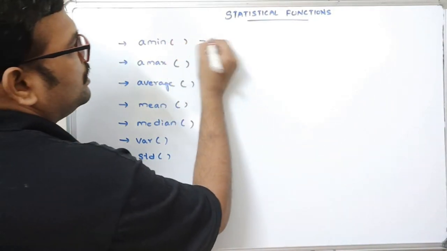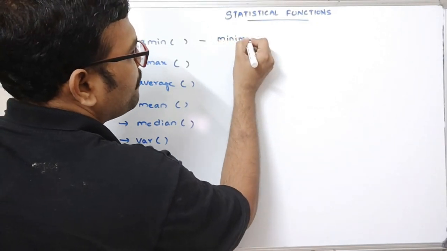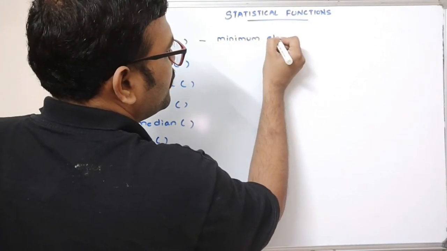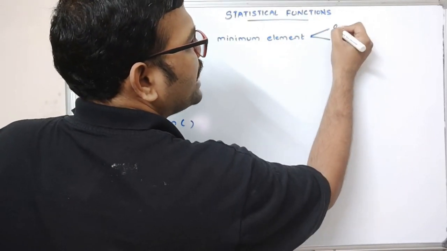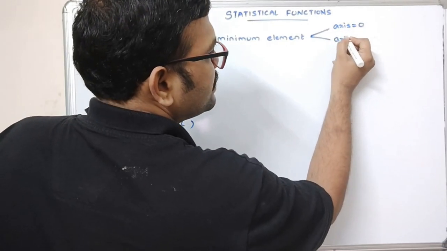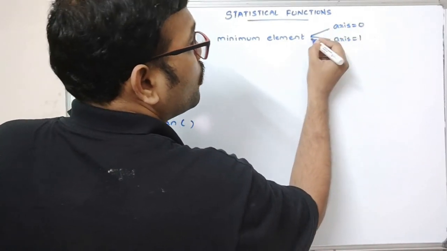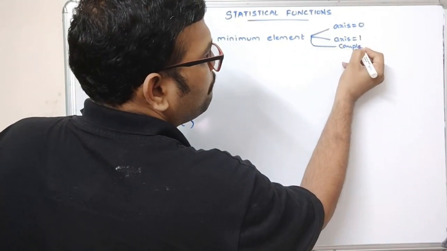So this is for finding the minimum element. We can also find this minimum element along axis 0, axis 1, and also from the complete array.